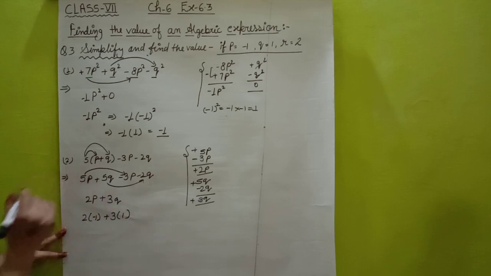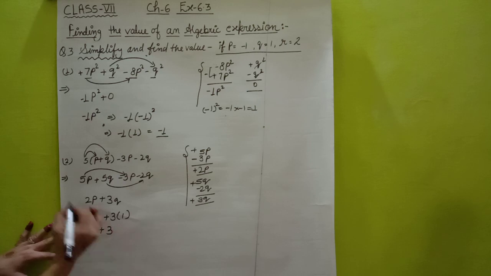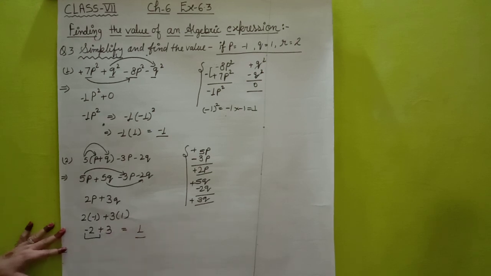The value of q is 1. 2 minus 1 minus 2 plus 3. 3 ones are 3, then 3. Minus plus minus. 3 minus 2, 1, and 1 will come with the positive sign because from 2 and 3, which one is greater? 3 is greater and the sign of 3 is positive. So 1 is your answer.